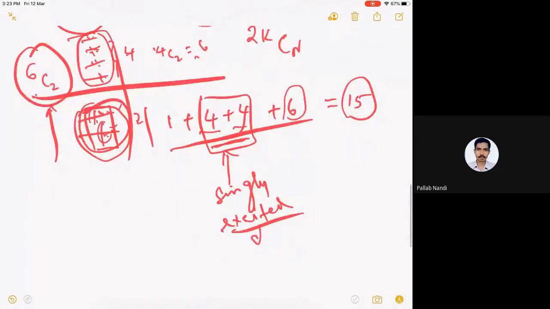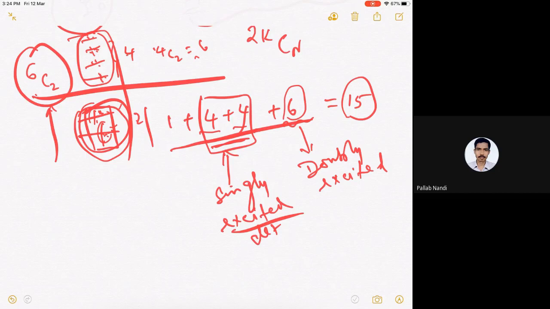This is only a singly excited determinant with respect to Hartree-Fock. I'm only categorizing, because I'm mixing those determinants. These 6 would then be called doubly excited determinants. I end here because my problem is only 2 electrons, so I can't have triply excited, because there are no more electrons to excite.